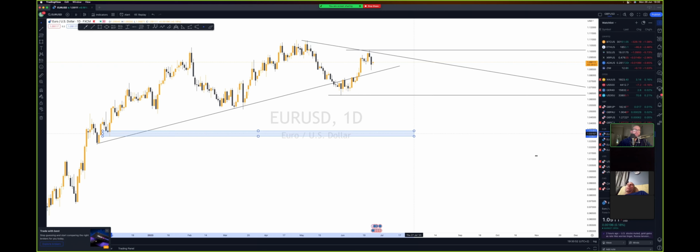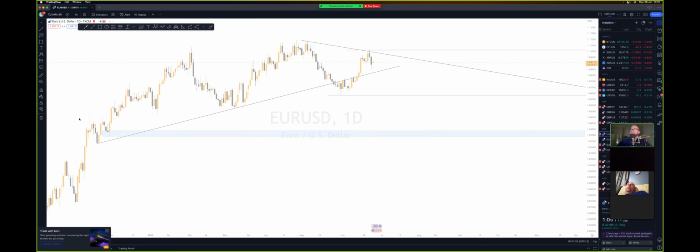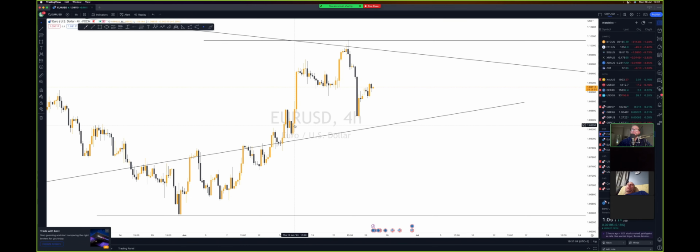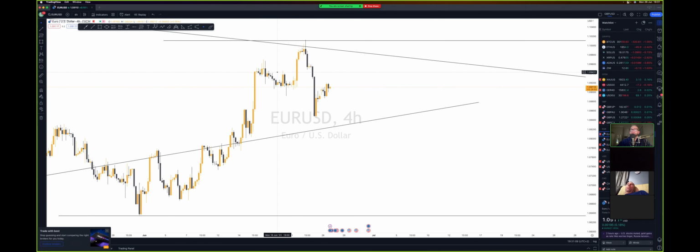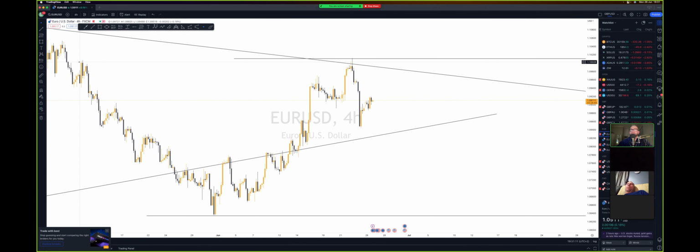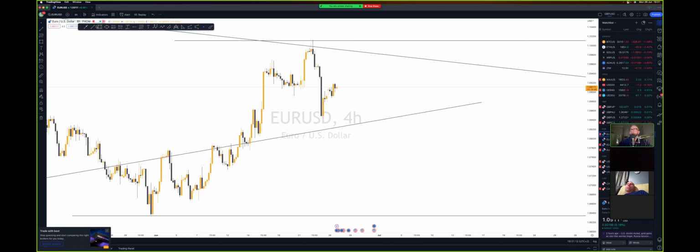I'm thinking these setups will mostly be for the people that swing trade. Broken area there, retested on the daily, dropping. That looks good. And then let's see what's going on here. Breaking of structure, taking out previous highs around these areas. That looks good to me.